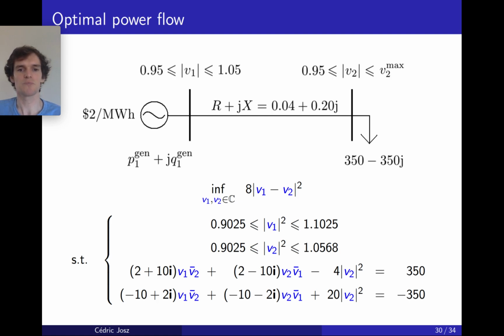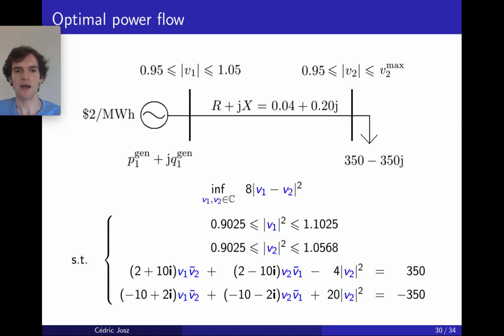So the optimization problem is we're trying to minimize the cost of producing the power, and we have to respect these voltage margins, and we also need to respect these power balance equations, the two at the end that you see.